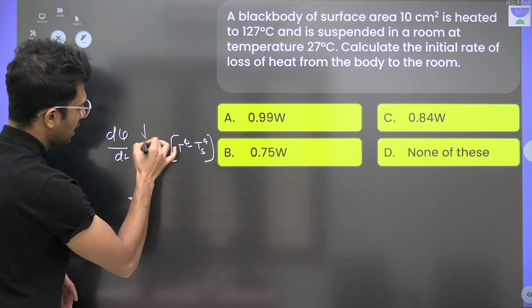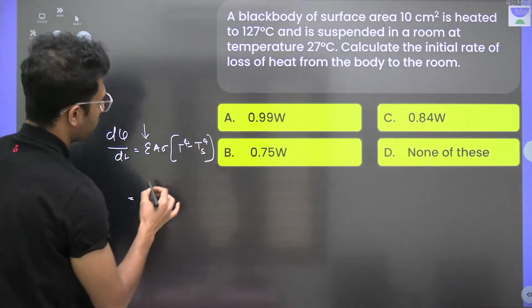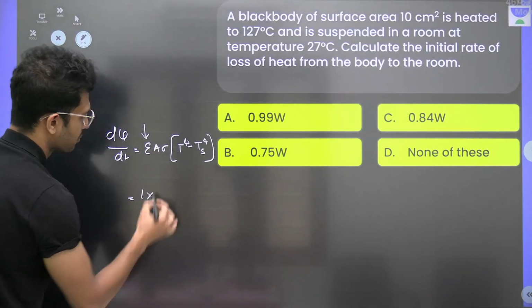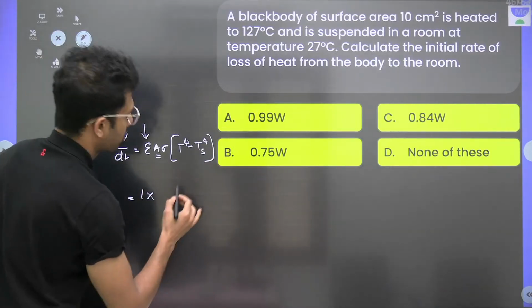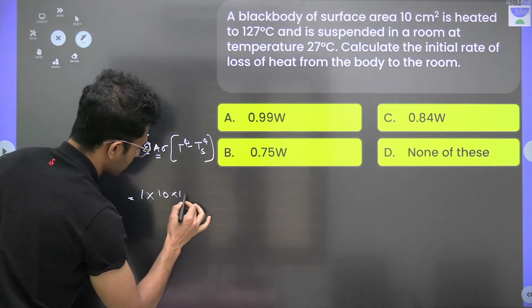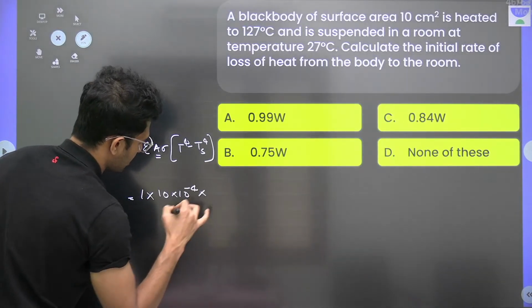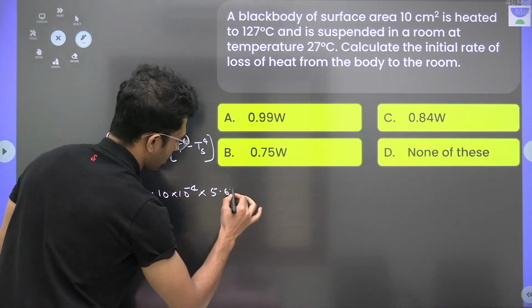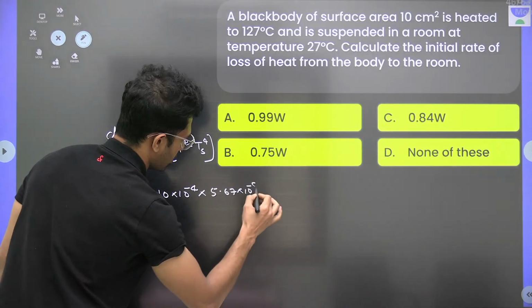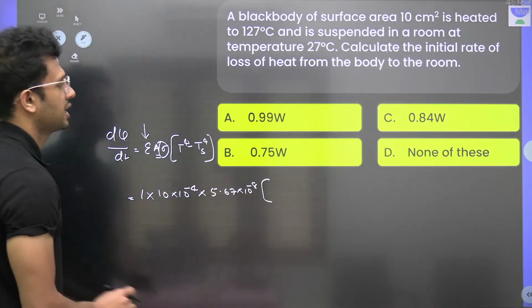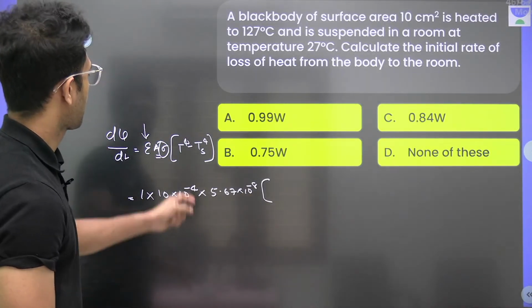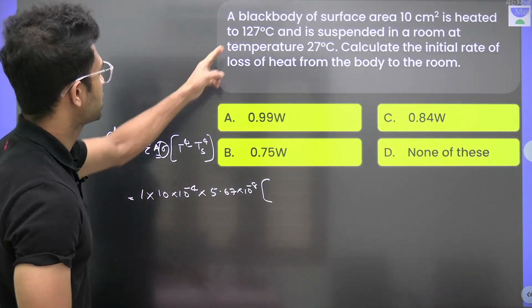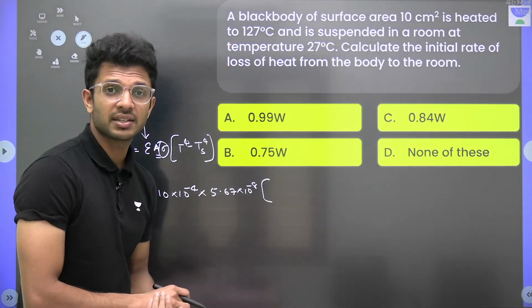E is emissivity. Emissivity of a black body is 1, into area of the black body, 10 centimeters square, so multiply it with 10 to the power minus 4. Sigma is 5.67 into 10 to the power minus 8, Stefan-Boltzmann constant. T raised to 4, the temperature of the body. Is it 127?